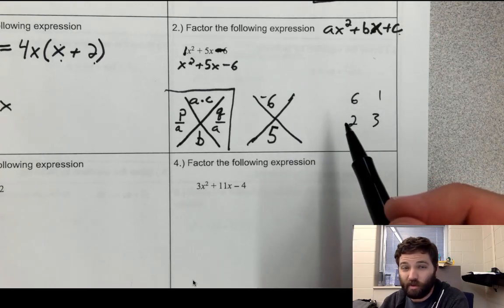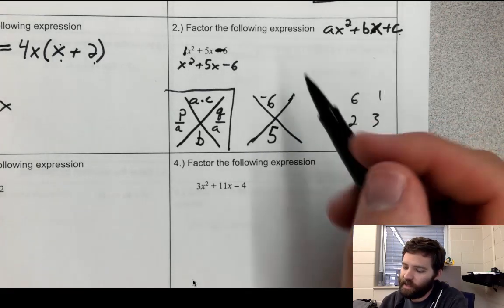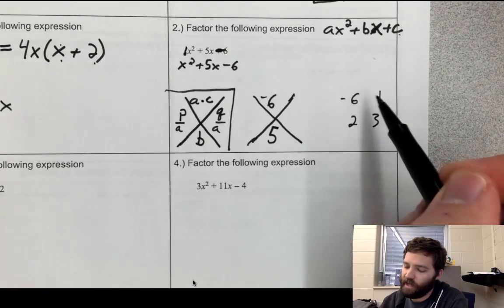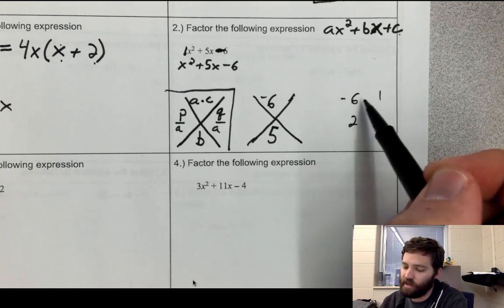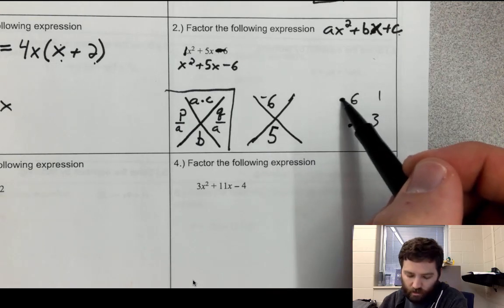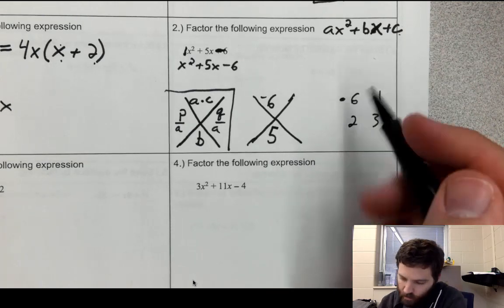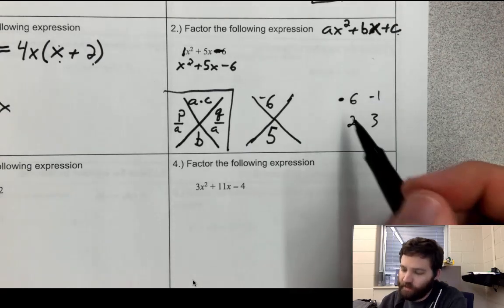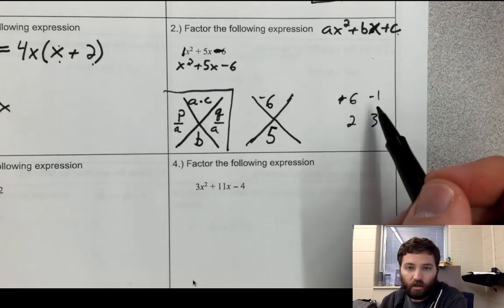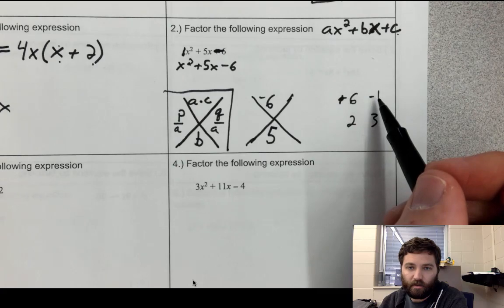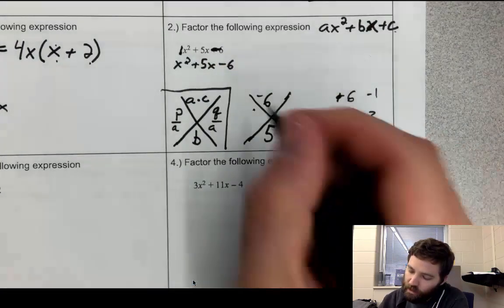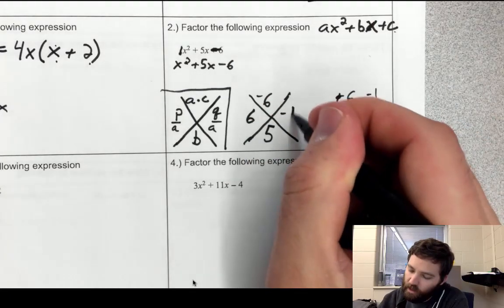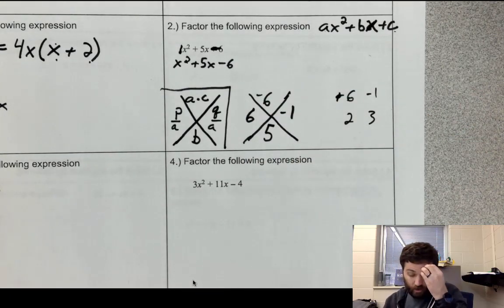Well, they both do, except that if I need to multiply to get a negative, I have to have a negative and a positive, or a positive and a negative. Negative 6 plus 1 is negative 5. That won't work. But a positive 6 and a negative 1, positive 6 minus 1 gives me a 5. So that works. So I'm going to go 6 here and negative 1 here.